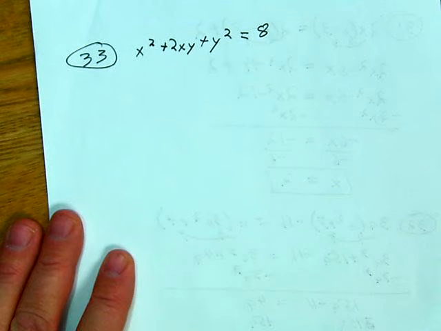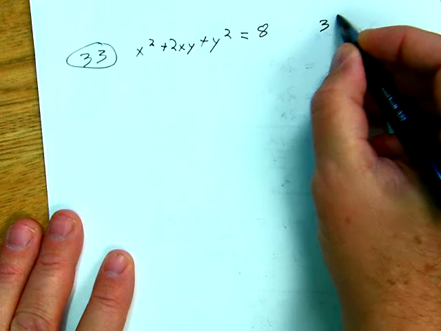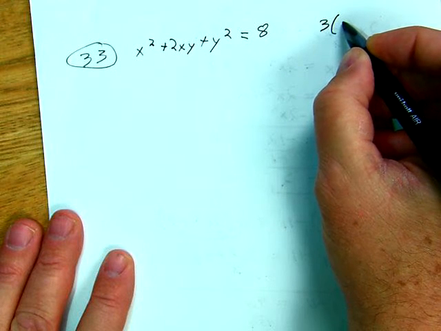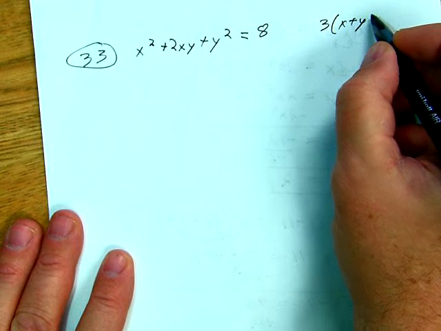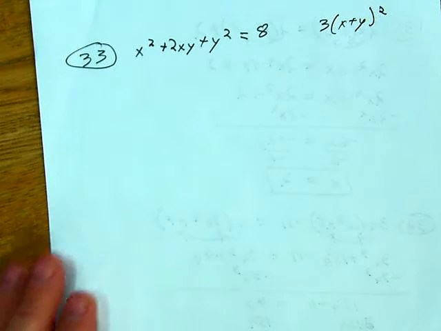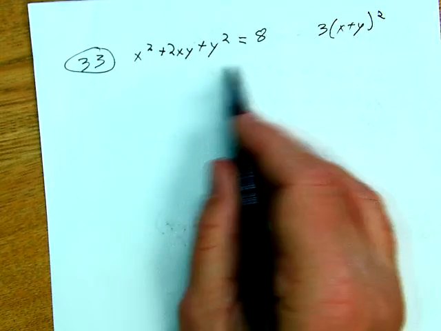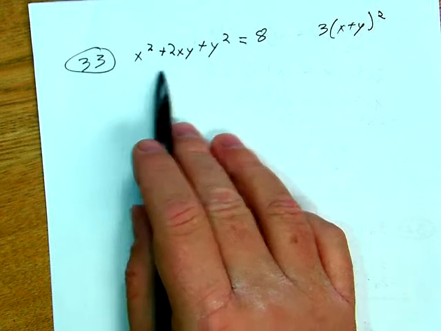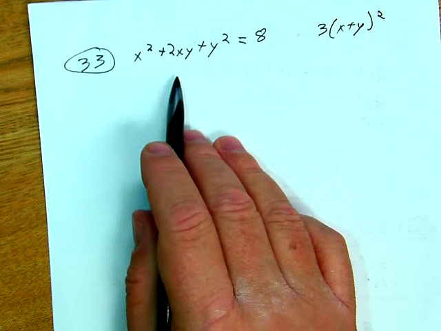If that's true, then they want us to find 3 times (x plus y) squared. Alright, so to find this, we have to figure out an answer to that, and hopefully, since we have two variables here, hopefully one of them gets eliminated somehow.